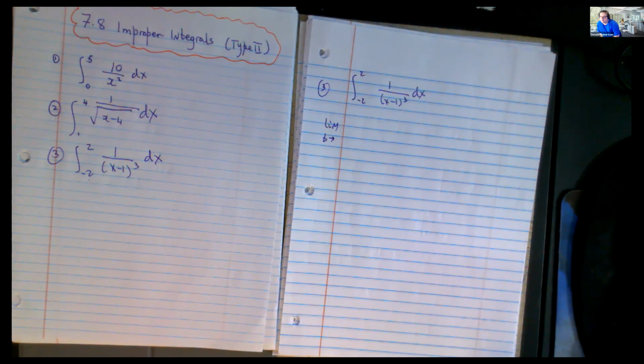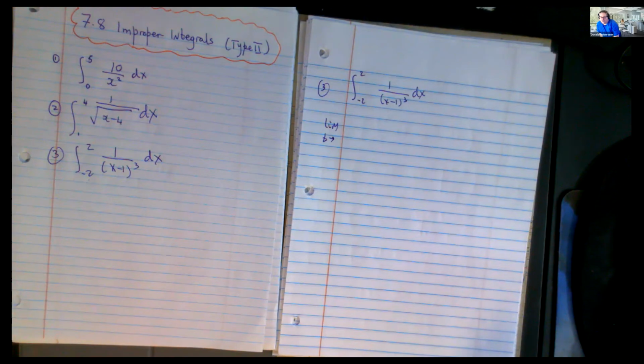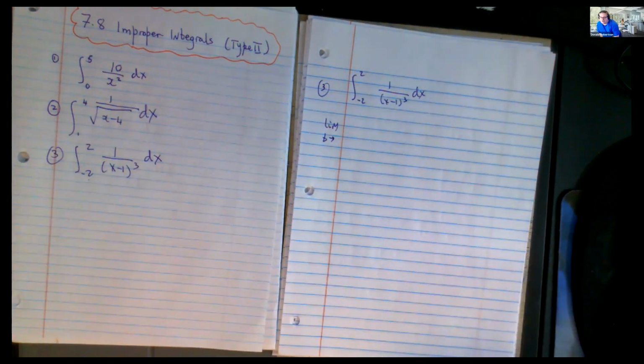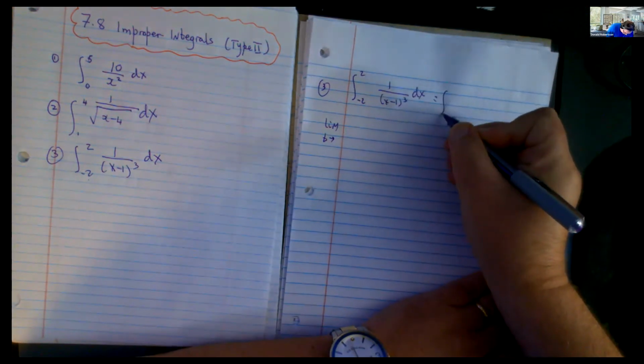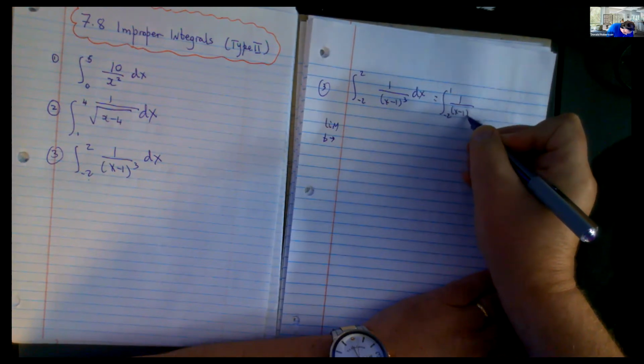What value of x? Would it be 1? It would be at 1. Do you notice that 1 isn't at either end as it was in the previous two questions? Isn't 1 in the middle? Agreed? Which means that we will have to tackle this question by splitting it into two pieces.